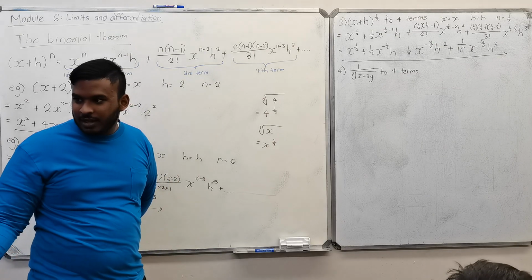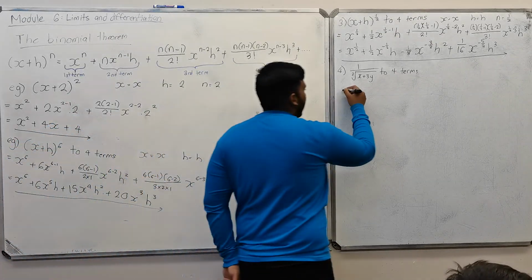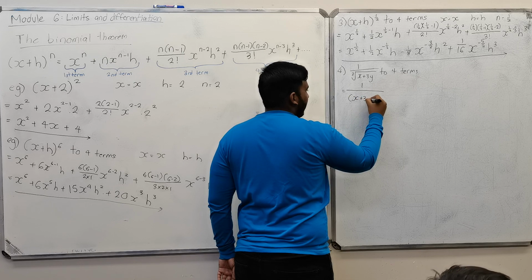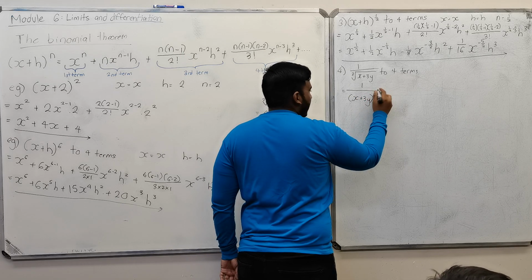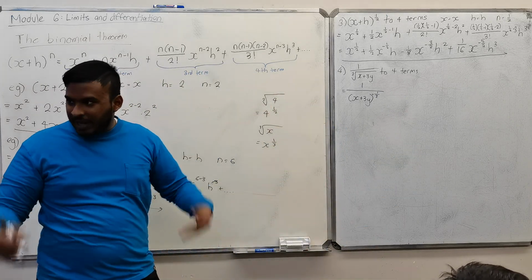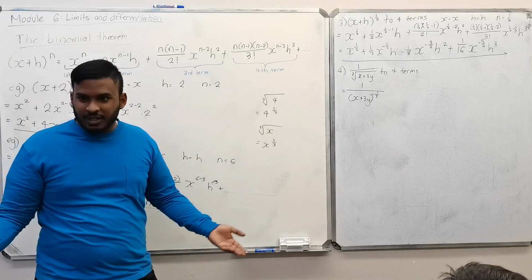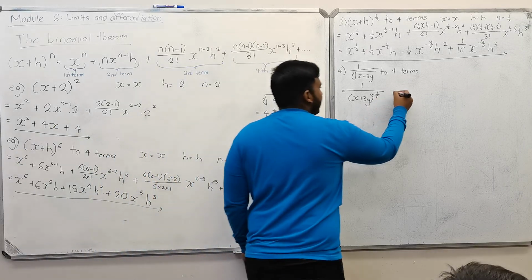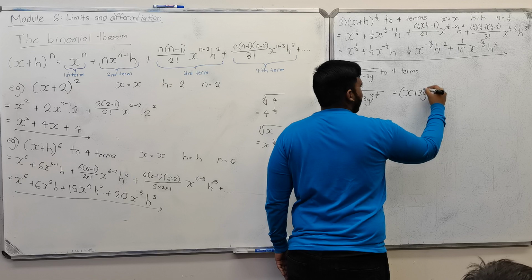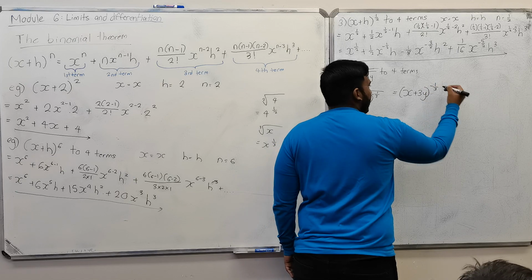You understand? Okay, so this here is now 1 all over x plus 3y to the power 1 over 3. But if it's over a fraction, it's basically like an inverse, right? So this is actually x plus 3y to the power negative 1 over 3.